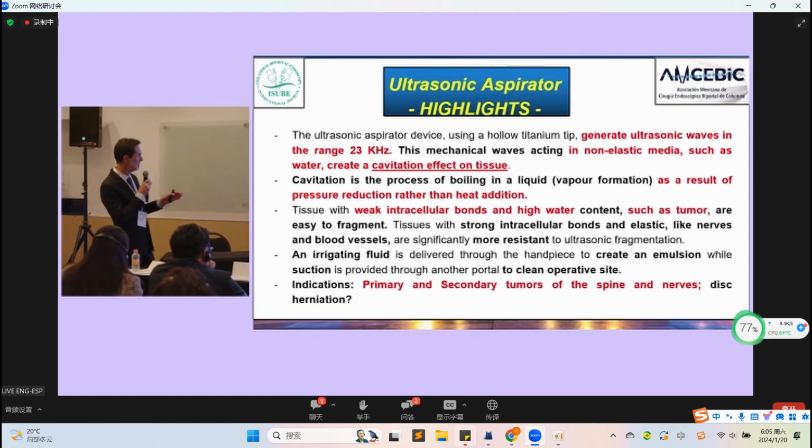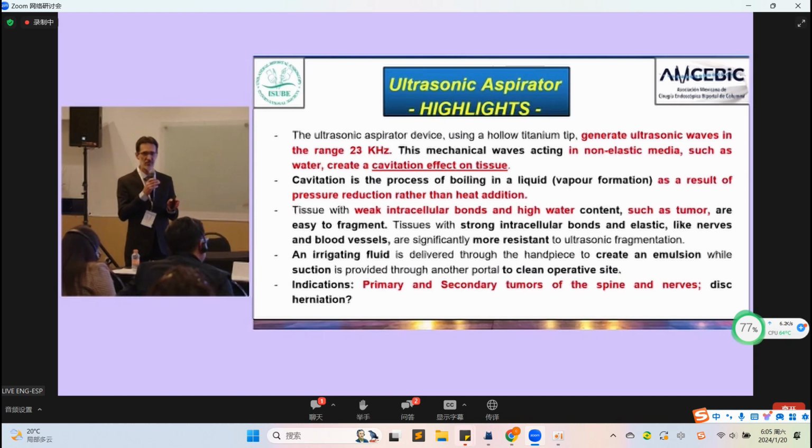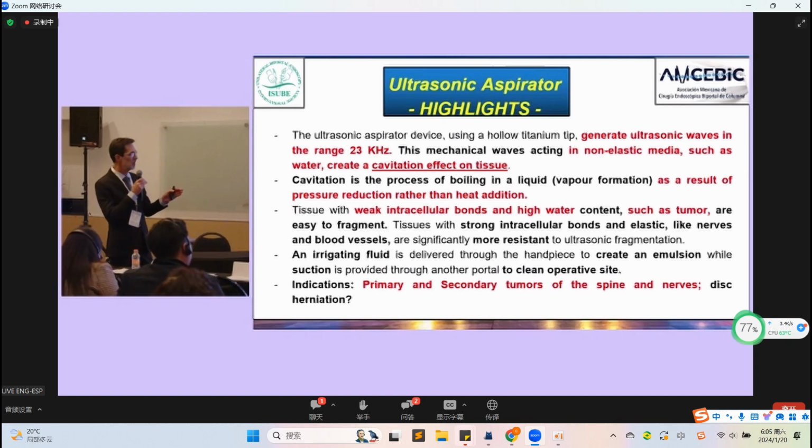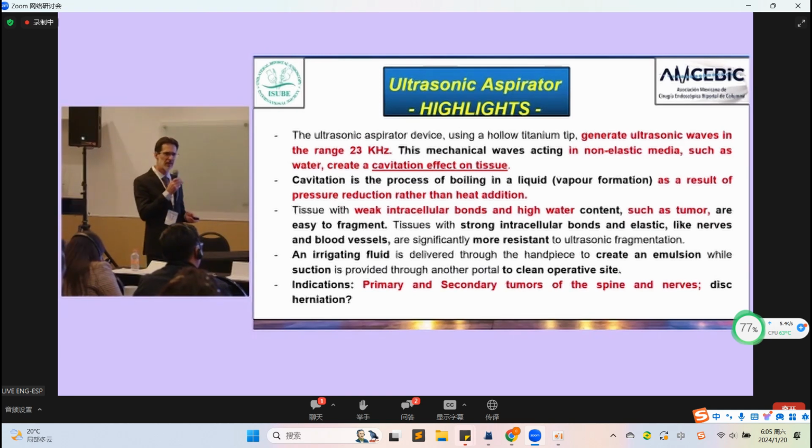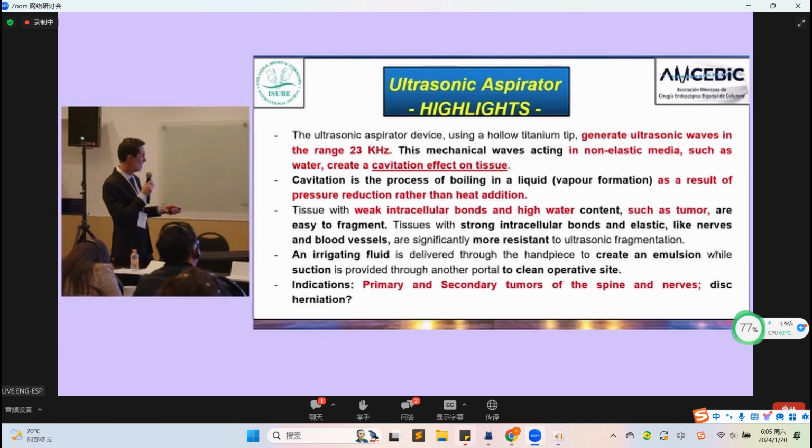A cavitation effect is a process of boiling, but not by temperature, by pressure, by vibration. Because of this, tumors and other structures with weak intracellular bonds are easy to fragment, and we can use it near delicate structures like nerves and like vessels.